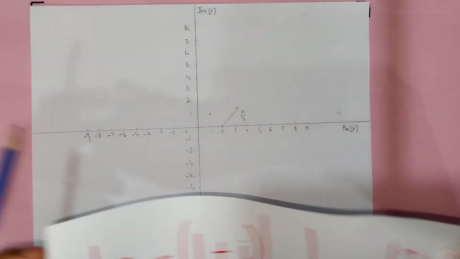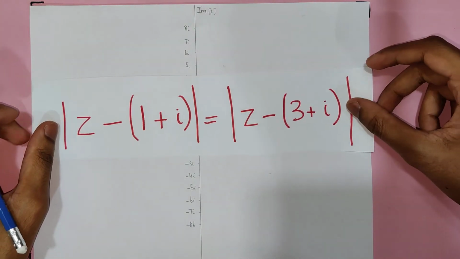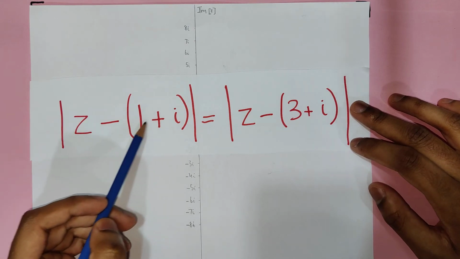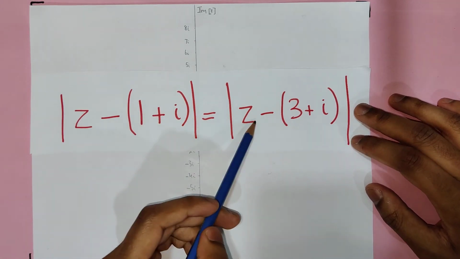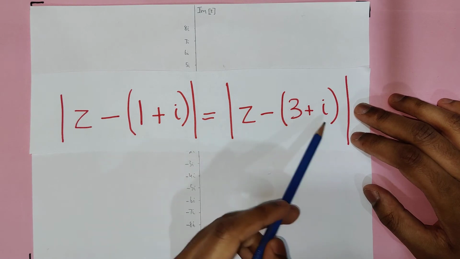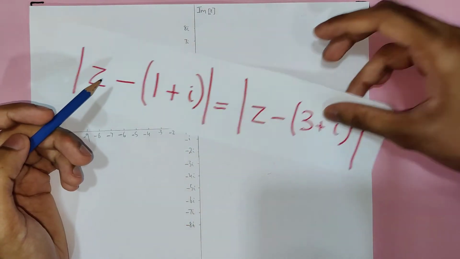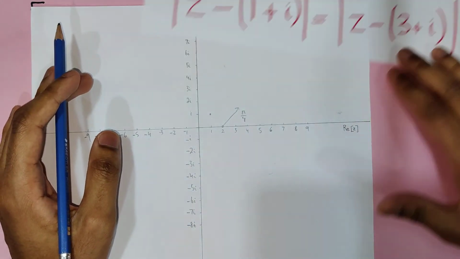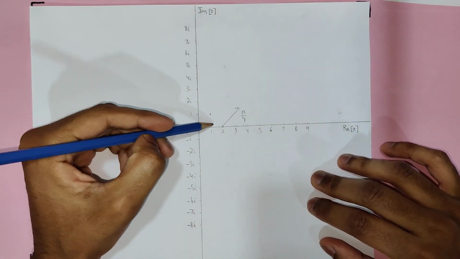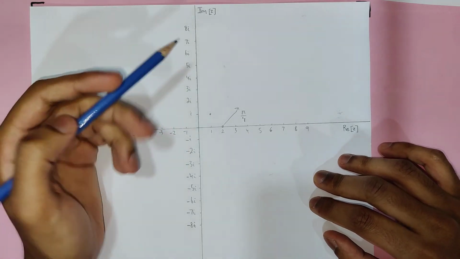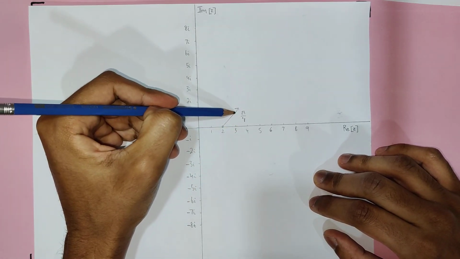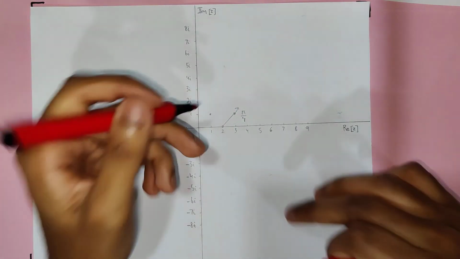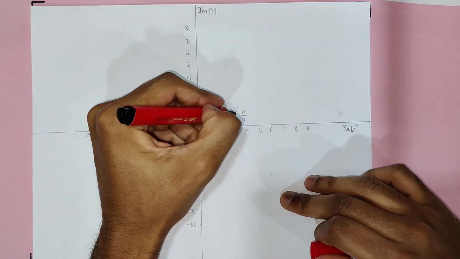Let's suppose you have it represented like this. We have the distance of z from 1 plus i is equal to the distance of z from 3 plus i. So if we take a look at where these 2 points lie on the complex plane, 1 plus i is about here, and 3 plus i is about here. So these 2 points, well, where's z?